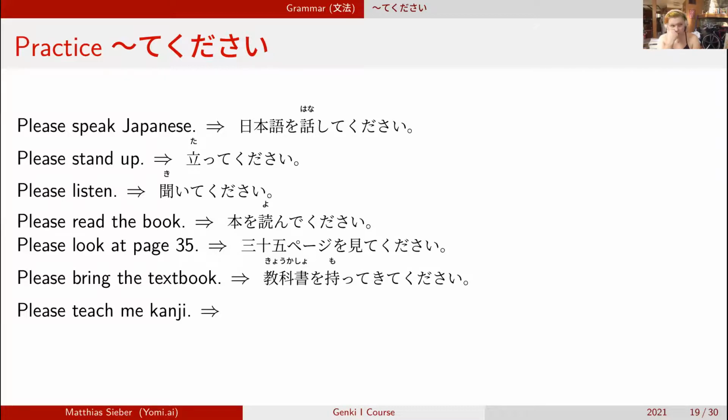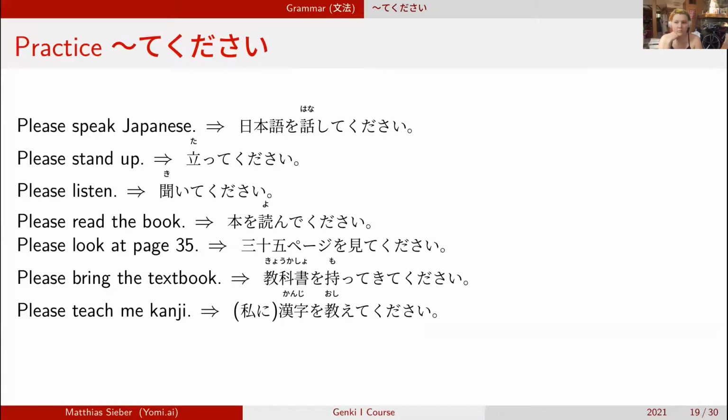Okay, so kanji o oshiete kudasai. And also, if I wanted to say, please teach kanji to Katya-san, I can say, Katya-san ni kanji o oshiete kudasai.